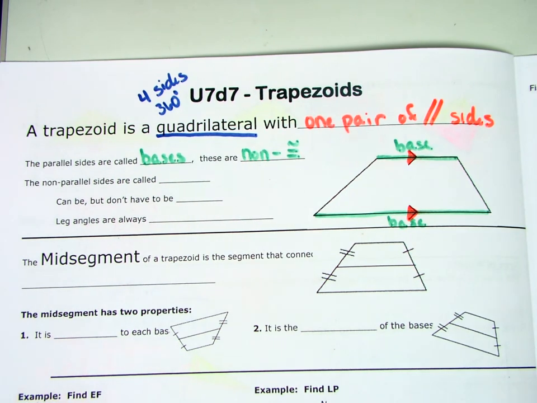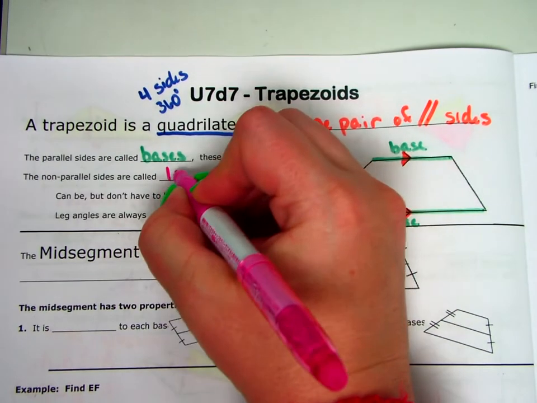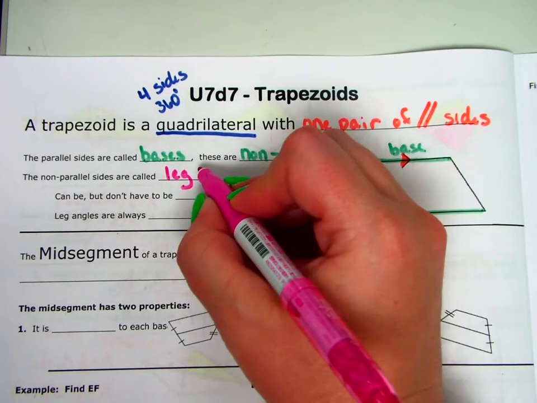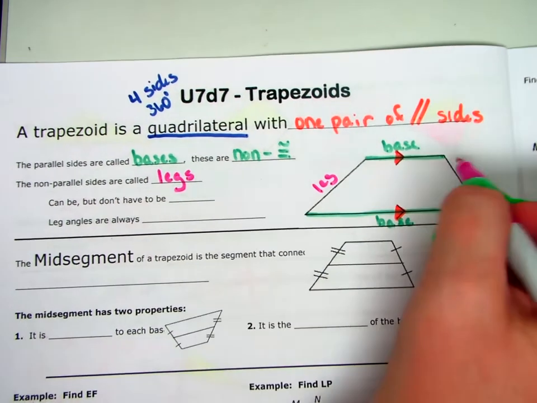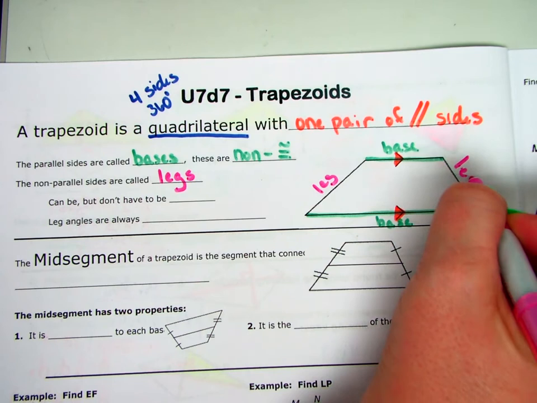Then the next thing we need to know about the trapezoid is my non-parallel sides. They also have a name. They are called the legs. So this is a leg, and this is a leg.